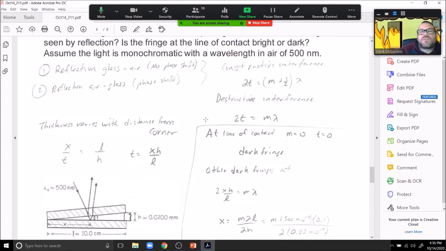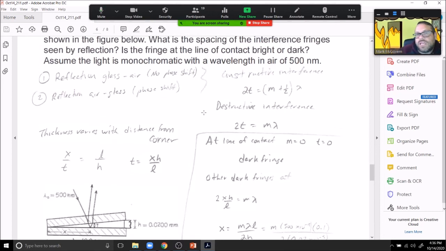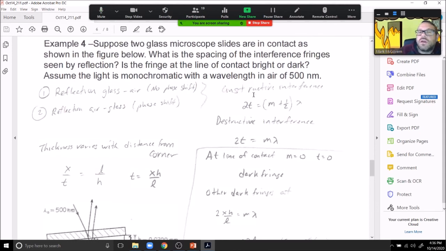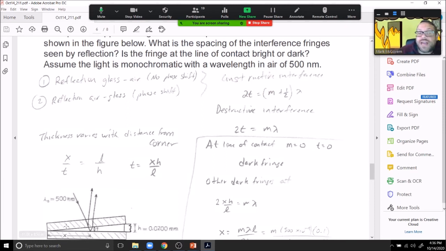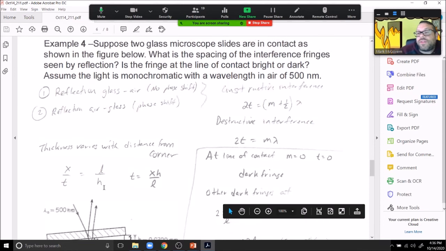What do I want? Dark fringes or bright fringes? What is the spacing of interference fringes? Well, it doesn't matter if they're bright or dark, right? But I'm asked about the fringe at the line of contact, is it bright or dark? Well, the line of contact, this spot right down on the far left here, would be a thickness of 0.